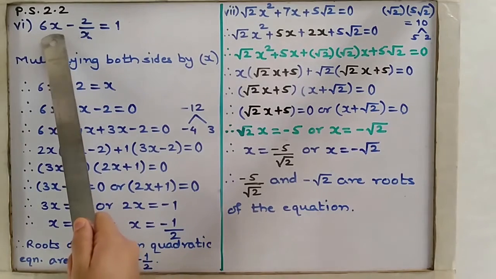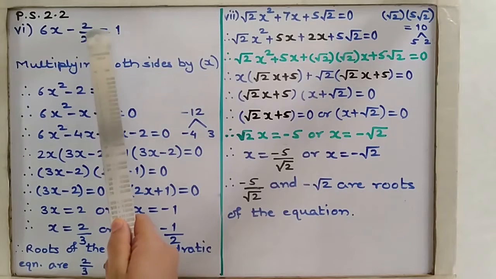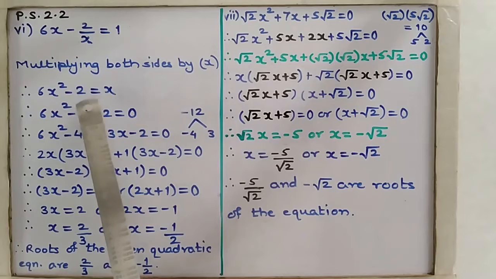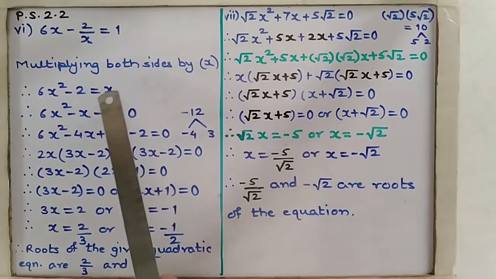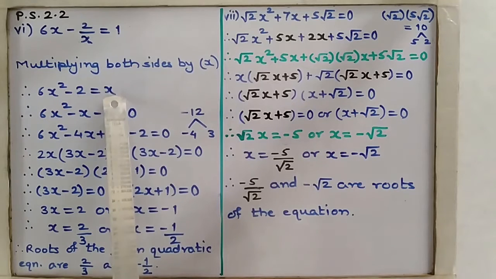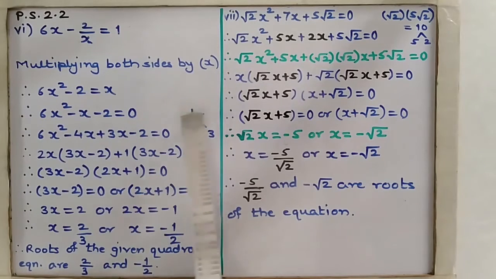So 6x multiplied by x is 6x square minus 2 upon x into x. The x and x will cancel and you get minus 2 is equal to 1 multiplied by x is x. Okay. So we'll shift this x on the left hand side and we get 6x square minus x minus 2 equal to 0.